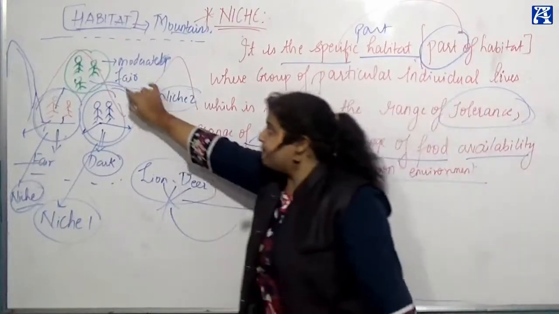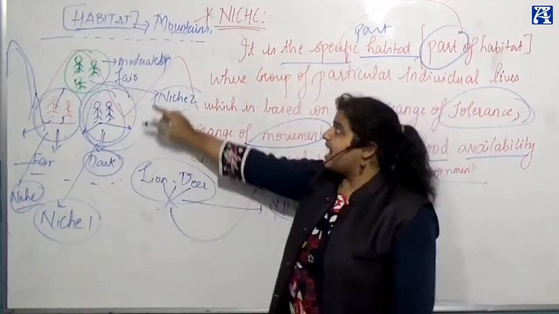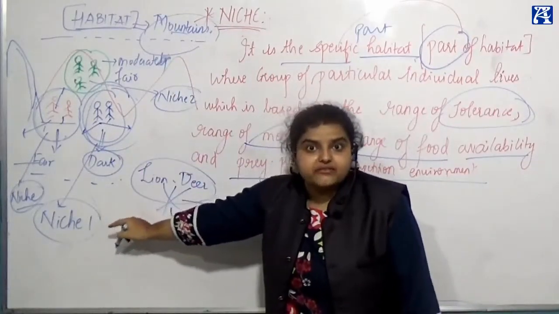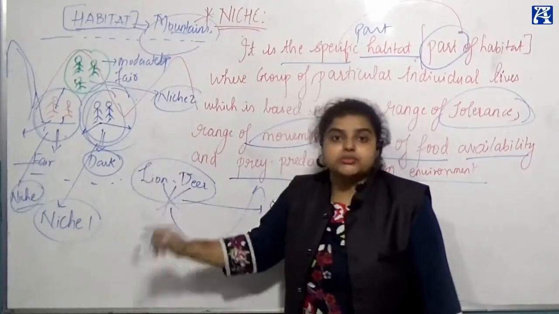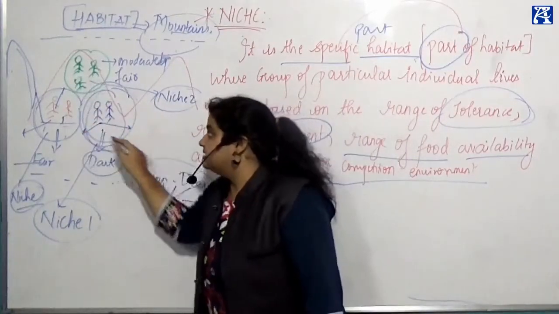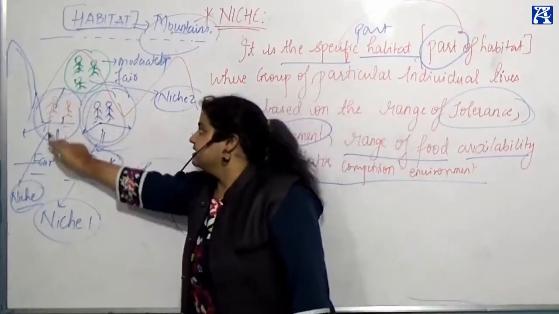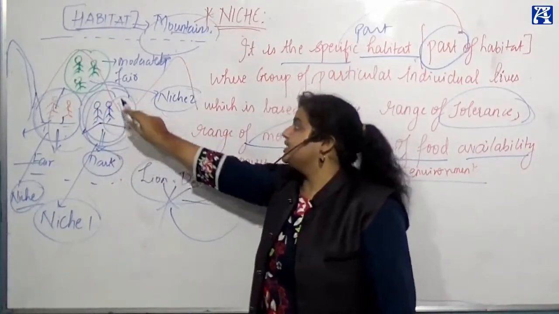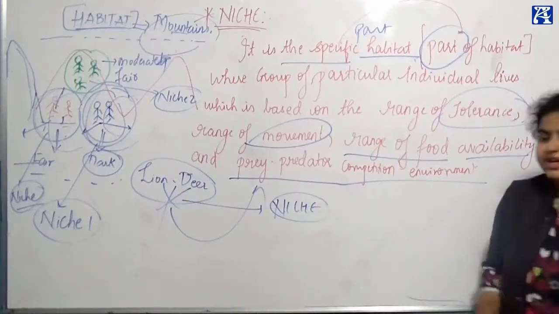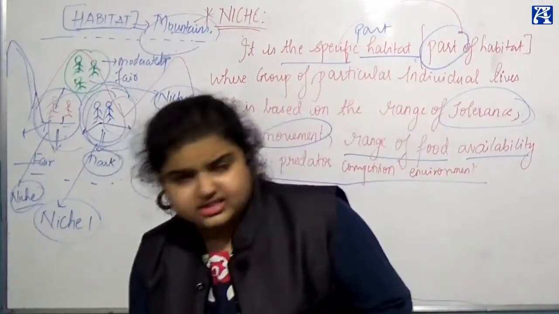See, my friends, part of habitat. Our habitat was what? Mountains. We have seen mountains, how they were. We have seen how communities survive in the mountainous areas. And these are the parts of habitat. That is niche 1, niche 2, niche 3. After this, I'm going to tell you a very beautiful point, and the concept of niche will be very clear, then and there you get it.